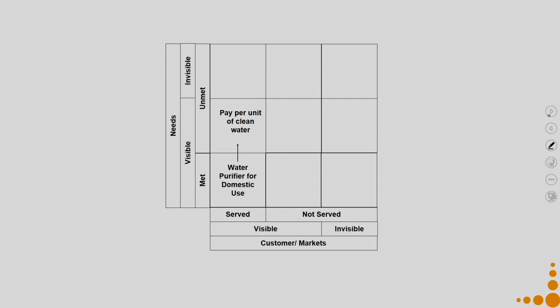There is a visible need that let us pay per unit of clean water rather than paying for a water purifier. That need is visible, but that is unmet in the current solution. Similarly, water purifiers at housing society level, that customer or the market is a visible market, but it is not served market.